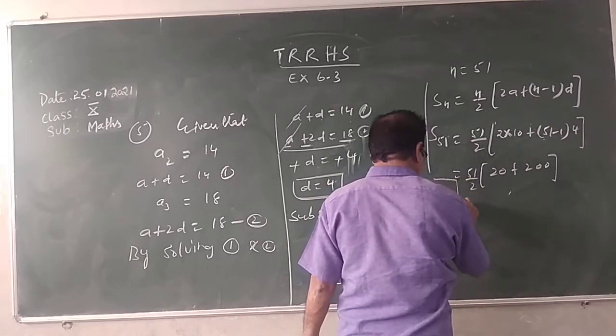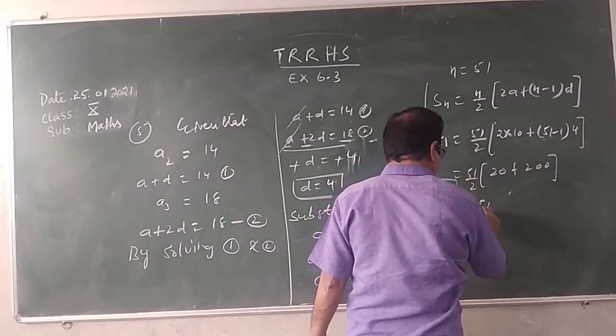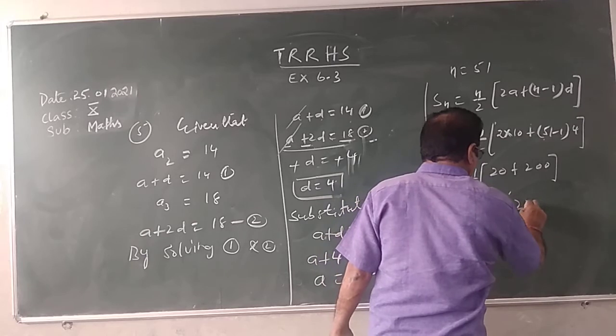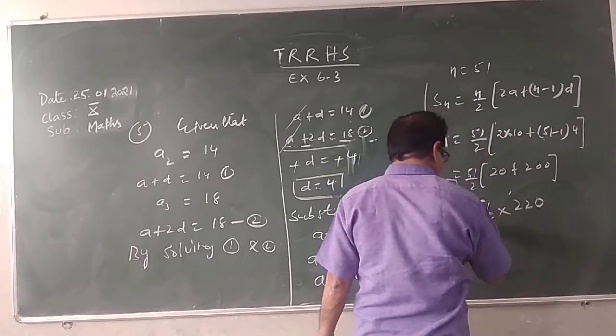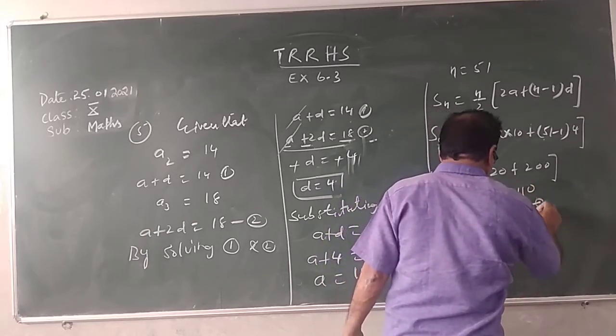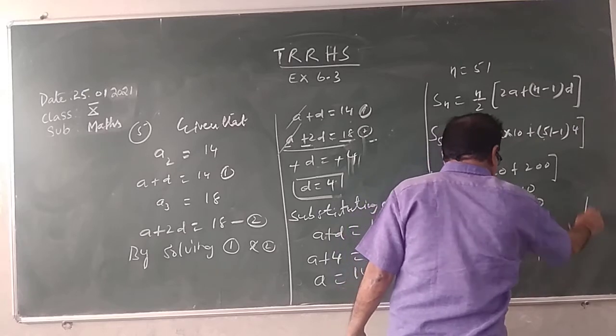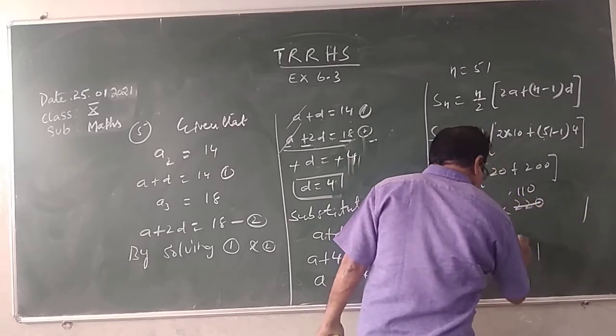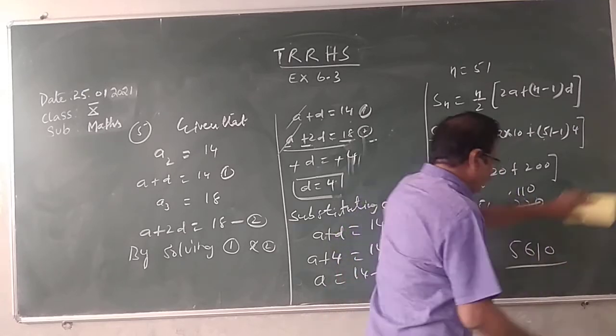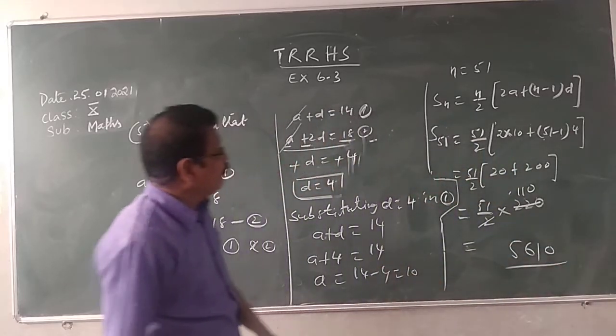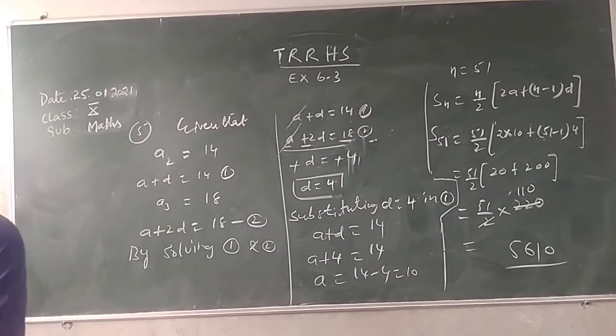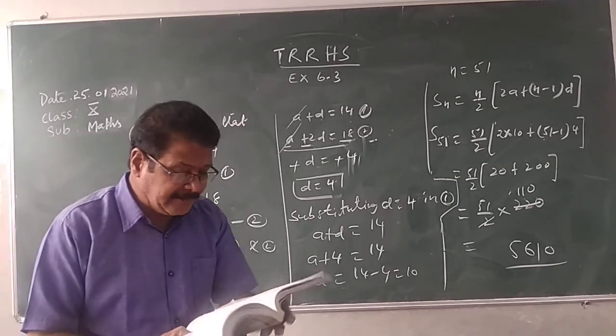So 51 by 2 into 220. 220 by 2 is 110. 51 times 110 is 5,610. The sum of the 51 terms is 5,610. I hope we clearly understood, children.